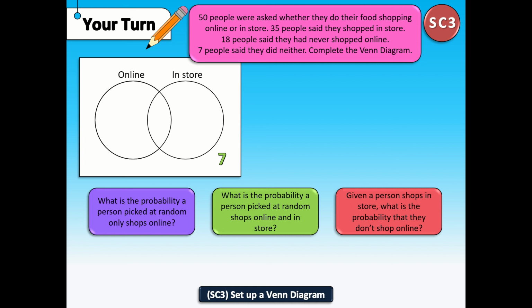Now 7 people said they did neither, so 7 can go on the outside. And if 18 people said they had never shopped online, 7 people said they did neither, so that must mean 11 people have never shopped online. So they've only shopped in store.